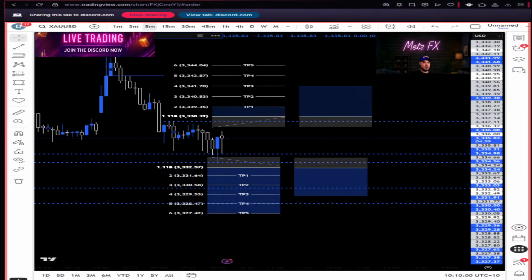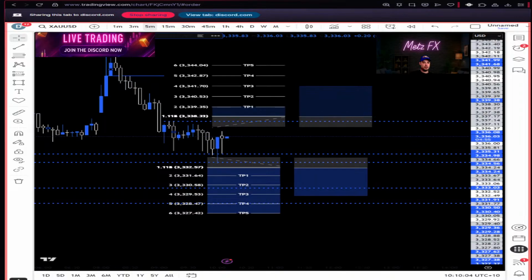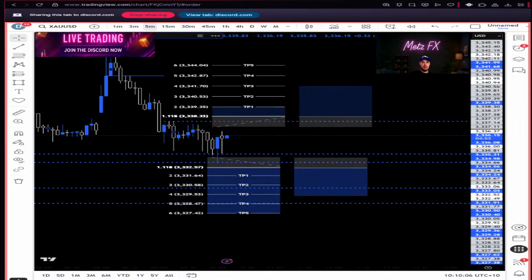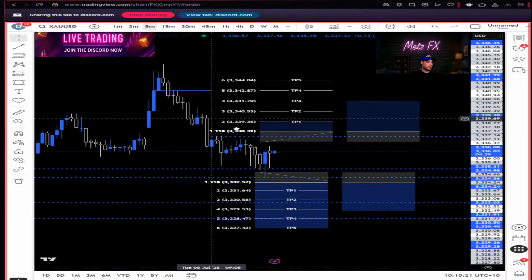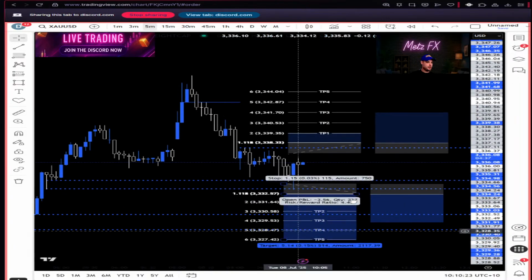I'm going to open this up on another chart so I can see if this breaks out while we go back and look at that. Cool, I've got it opened up on another chart now so I can see when we get a breakout.